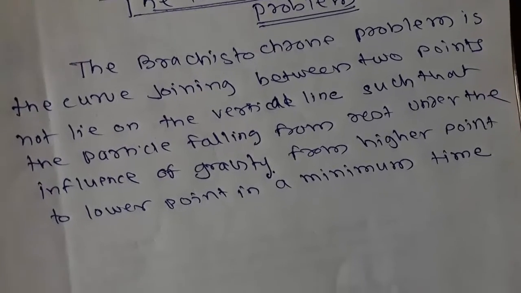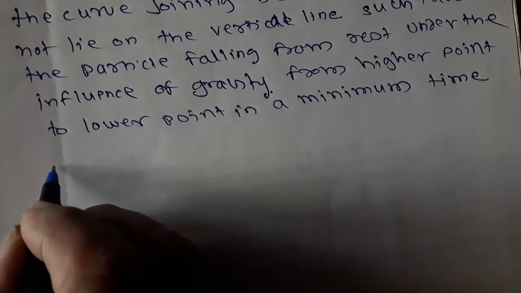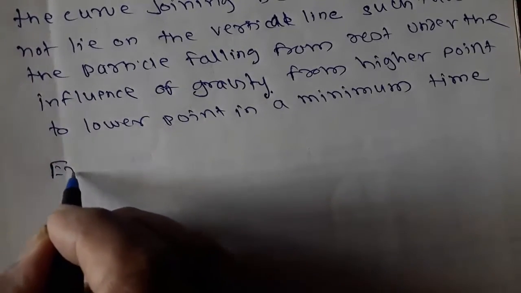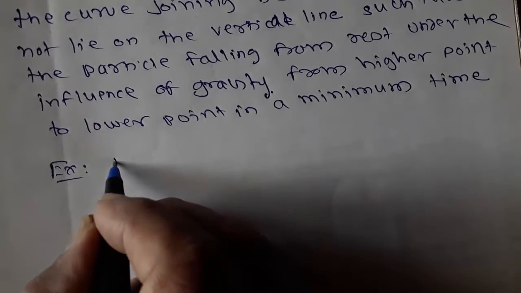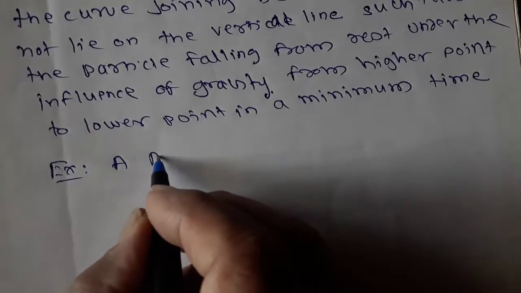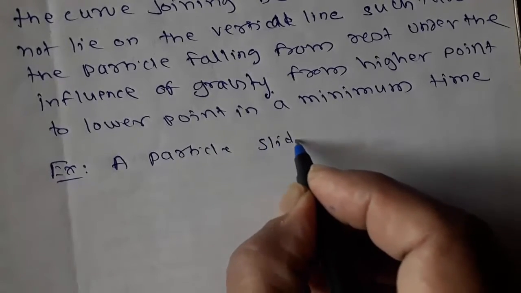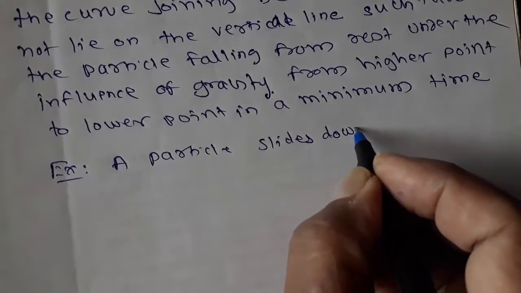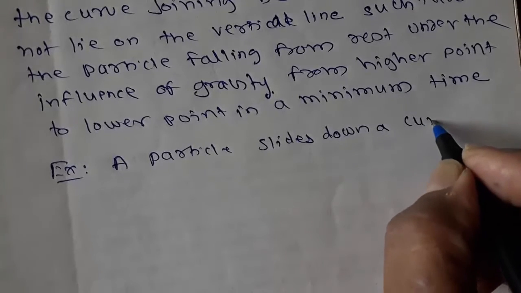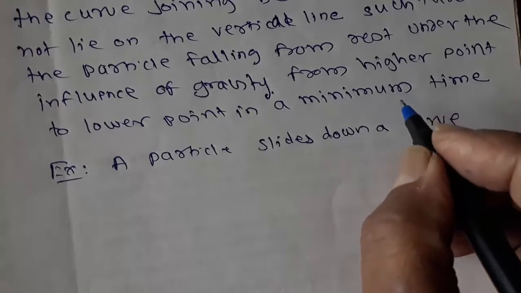Now we shall solve the problem. First we shall state the problem, the Brachistochrone problem. Example: a particle slides down a curve in a vertical plane under gravity.